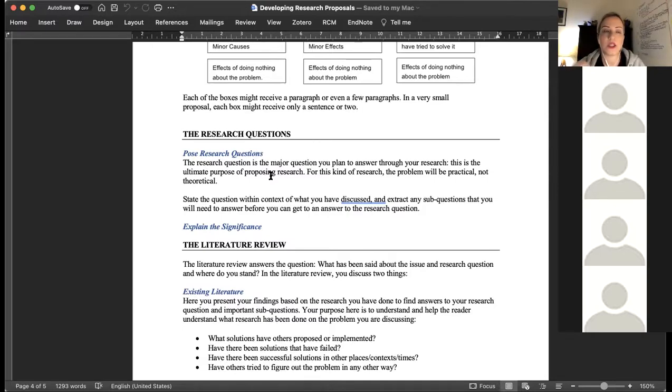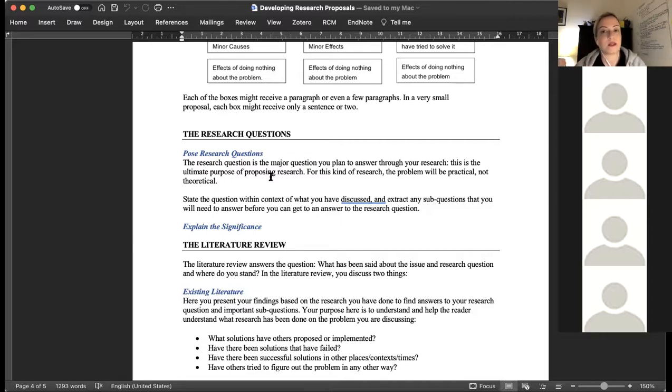And when I say research here and research question, I'm talking about being able to identify the problem and come up with solutions for it. Especially when it comes to technical projects, the problem is always practical and not theoretical. Okay, you are engineers, you're working in the field, and so you need to take a look at practical problems.